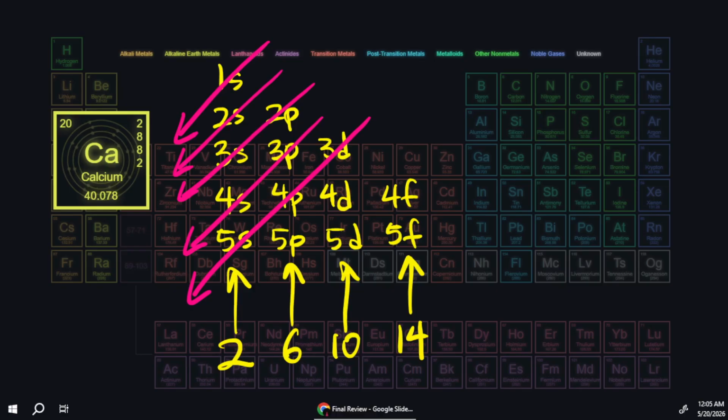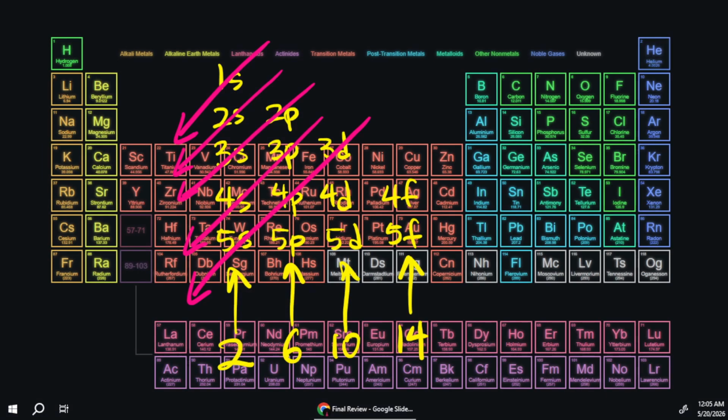So if you don't understand this or forget about this, I don't want to erase this, so let me use a different color instead. You can look at the periodic table.